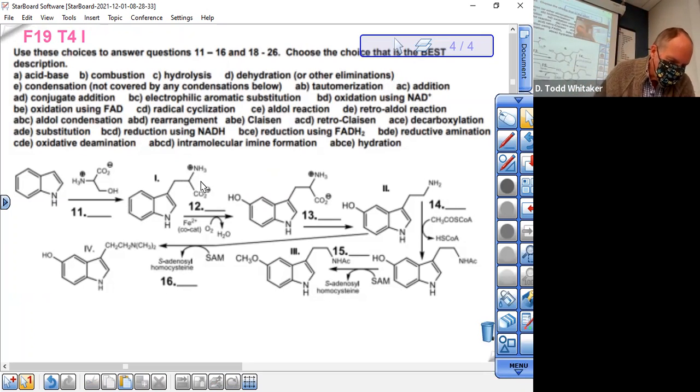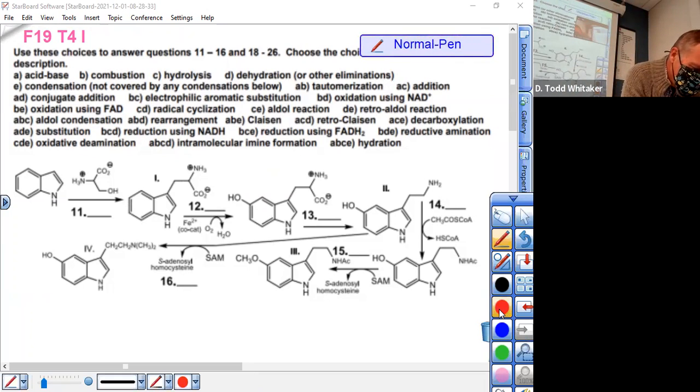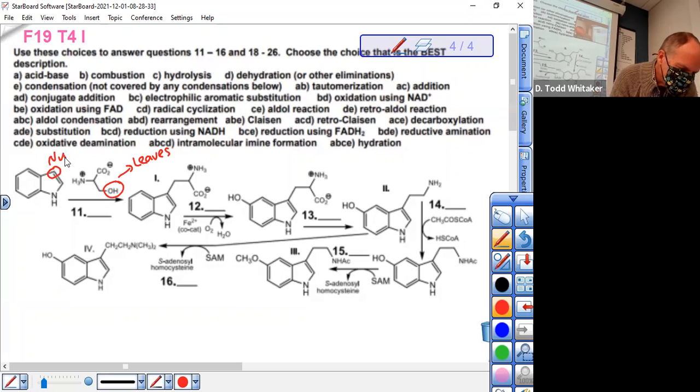Well, it looks like somehow this became a leaving group and it gets replaced by this somehow being a nucleophile, right? Because that's what happened. Here's the CH2 right there.